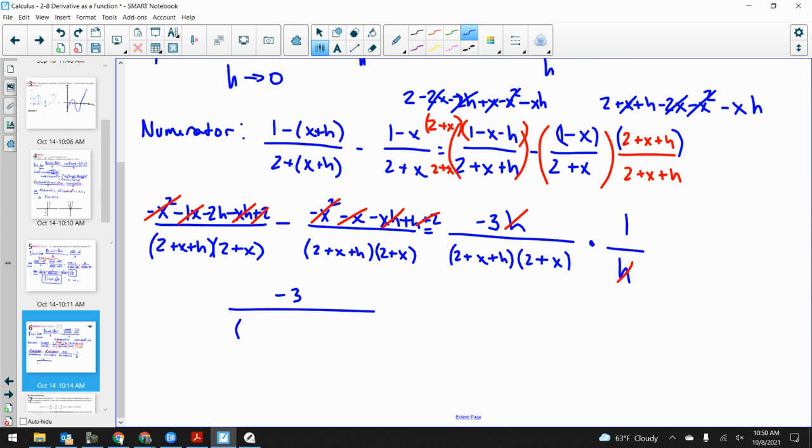2 plus x plus h times 2 plus x. Now, I don't have to FOIL that out because I am going to evaluate the limit as h goes to 0 of this thing, which is negative 3 over 2 plus x times 2 plus x.